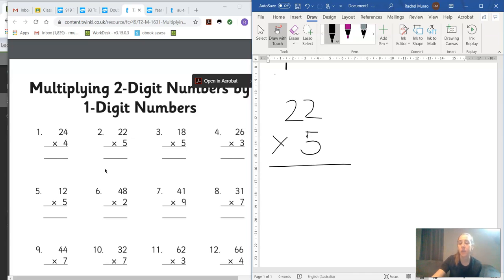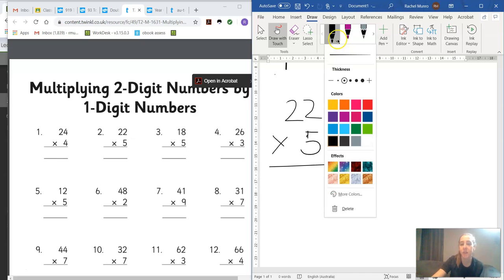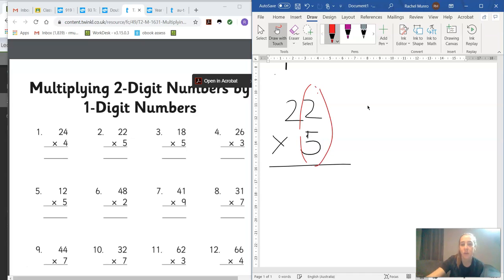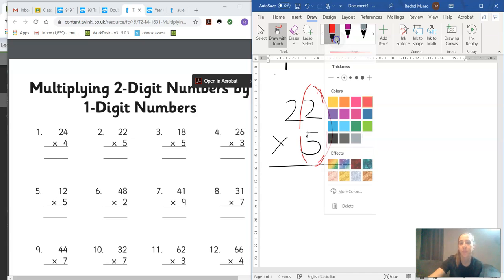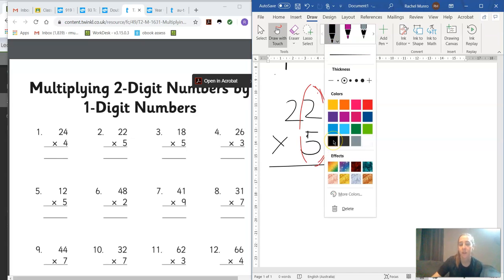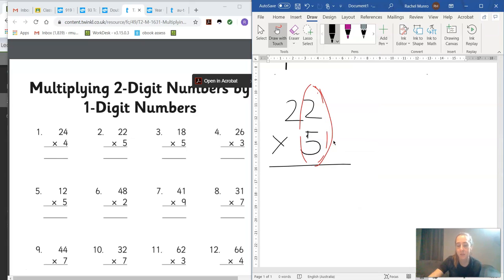So first step is we need to do this 5 times 2 here. So 5 times 2 gives me 10, so I put down my 0 in my ones column, and then I carry my 1.